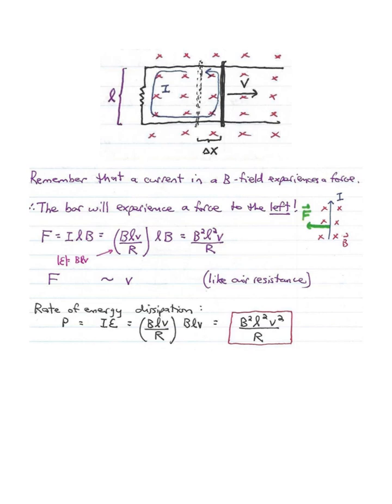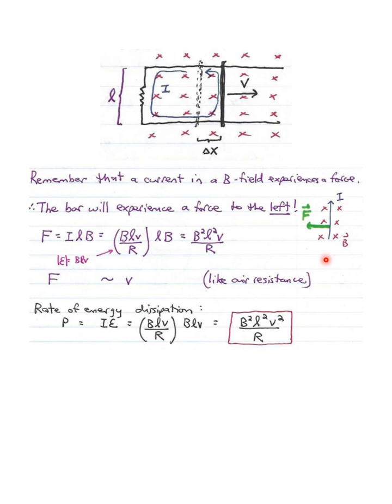Now remember that a current in a magnetic field experiences a force. The bar will experience a force, and that's going to be to the left. And why I say to the left, we'll look at a little picture I have right here. The bar has a speed v, so it's got a current that's going up, and we know that because we already figured out by the right-hand rule the current, the induced current, is going counterclockwise. So in the bar, that current is going up.